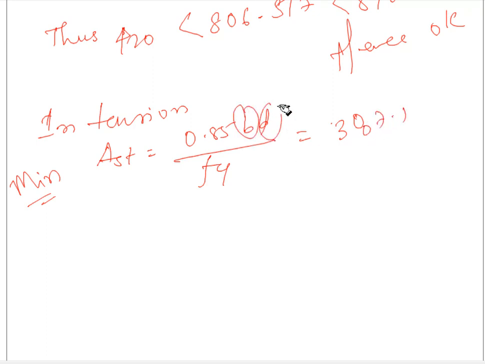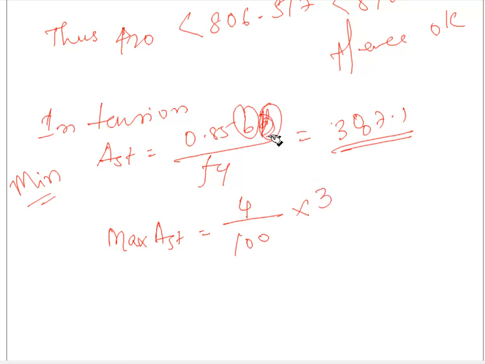These values we already have, so I've just directly written the value. AST maximum is equal to 4 percent of B into D. Everywhere it is capital D, not small d.